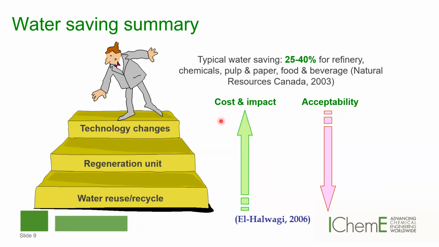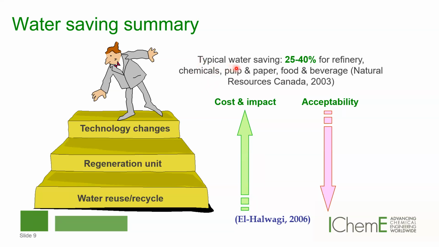Of course, the cost is bigger because you need to invest more on the technology or process changes. In terms of acceptability, if you're the business owner, of course, your first choice would be the water reuse and recycle, and your last option is the technology change.